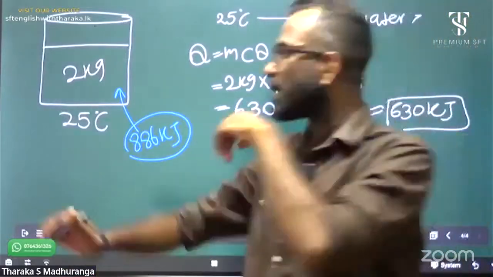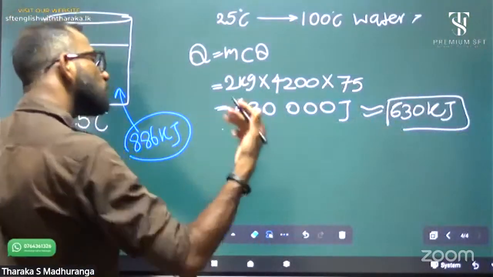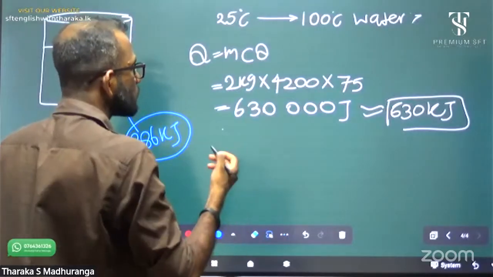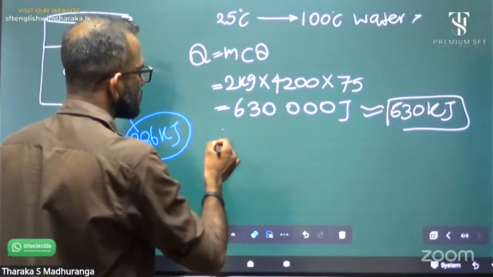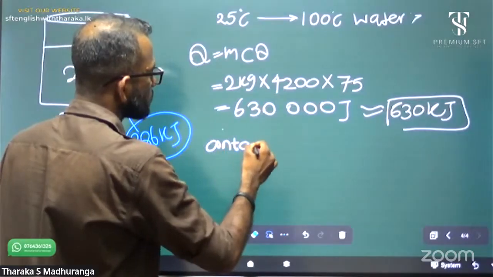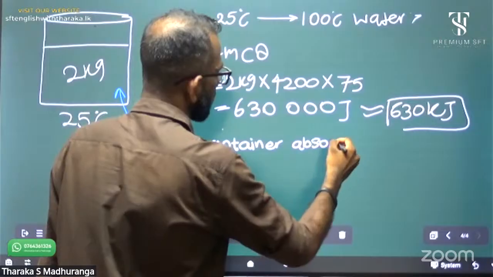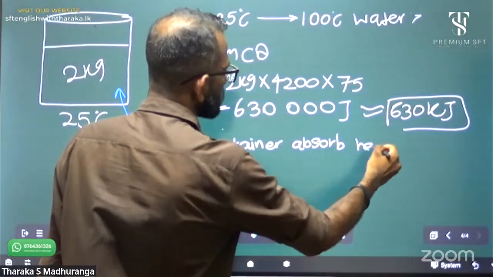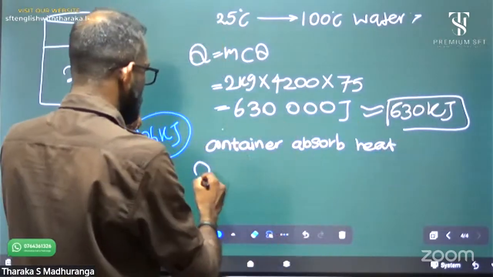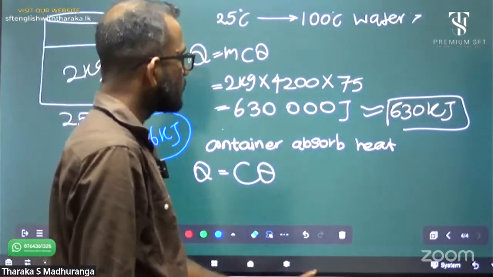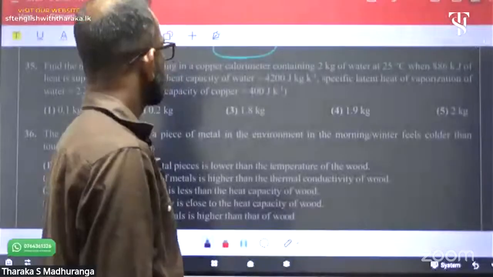Then I can calculate the heat absorbed by the container. The container also absorbs some amount of heat, right? Q equals C theta. Why do we use C theta? Because the heat capacity of the container is given.